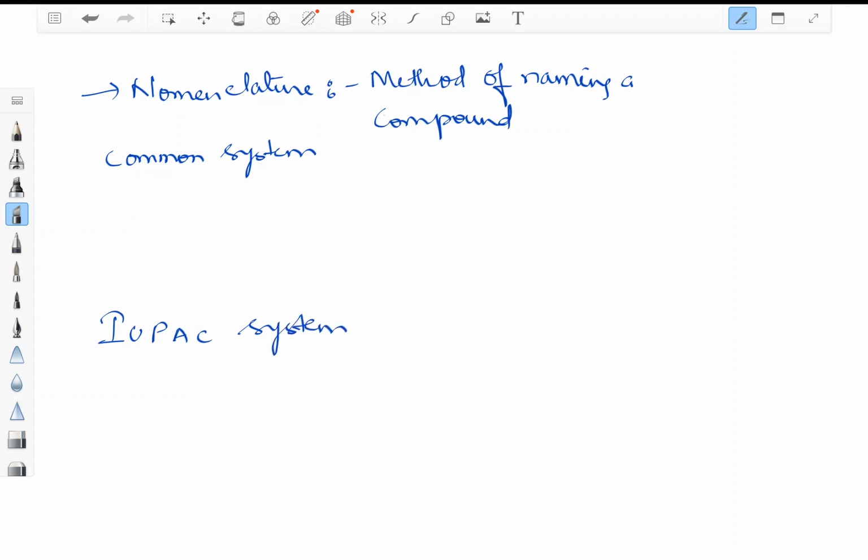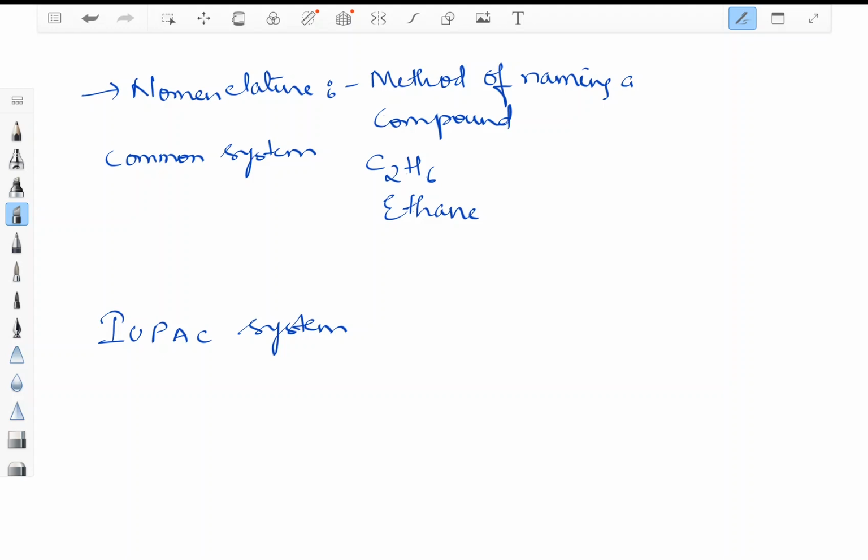In the common system, as we have one reference of alkanes in our mind, which we have already discussed before, alkanes have the structure of C2H6. I'm taking an example of ethane. We can take even methane also, but methane will not be relevant here because we don't have a compound in alkene which has only one carbon.